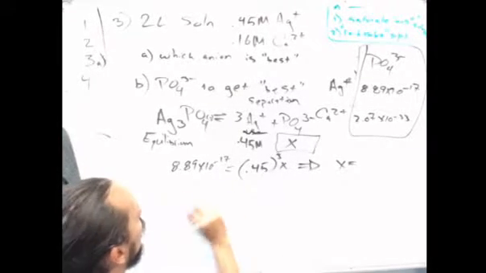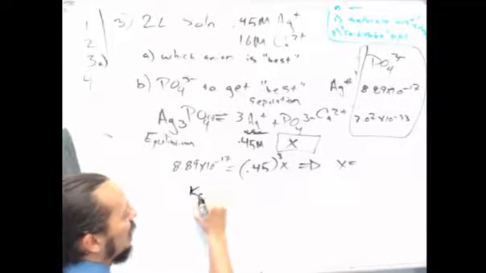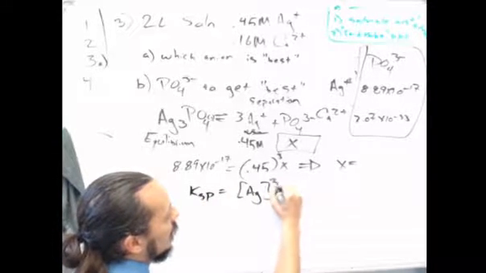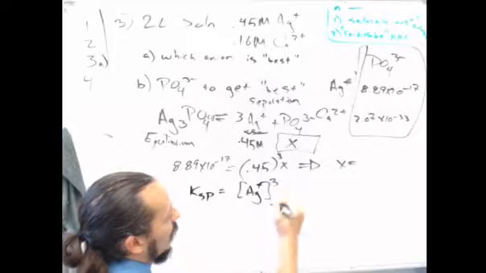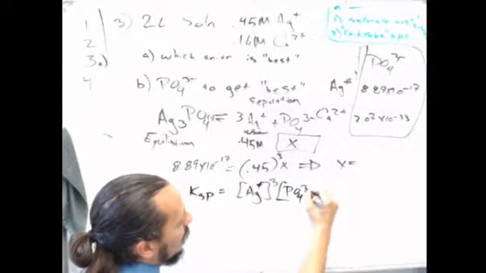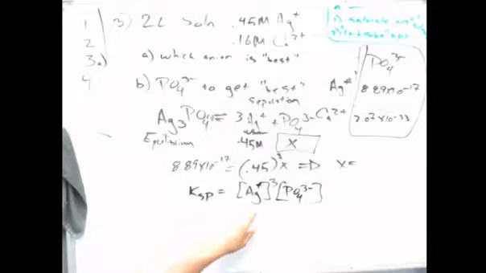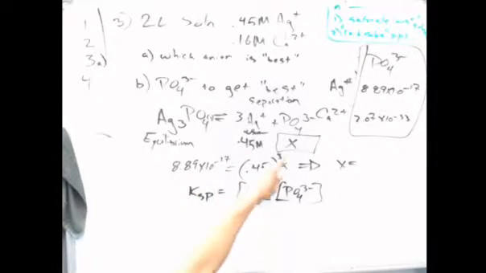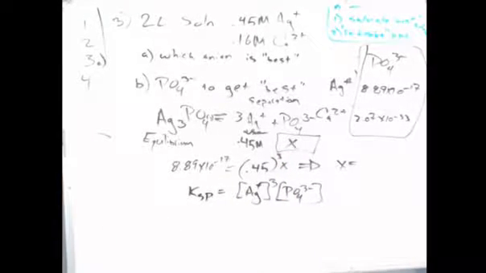So if I look at just the KSP expression, KSP equals Ag plus cubed times PO4 3 minus. My Ag concentration is just 0.45. There's no 3 in that case, and my PO4 3 minus concentration is just the x.